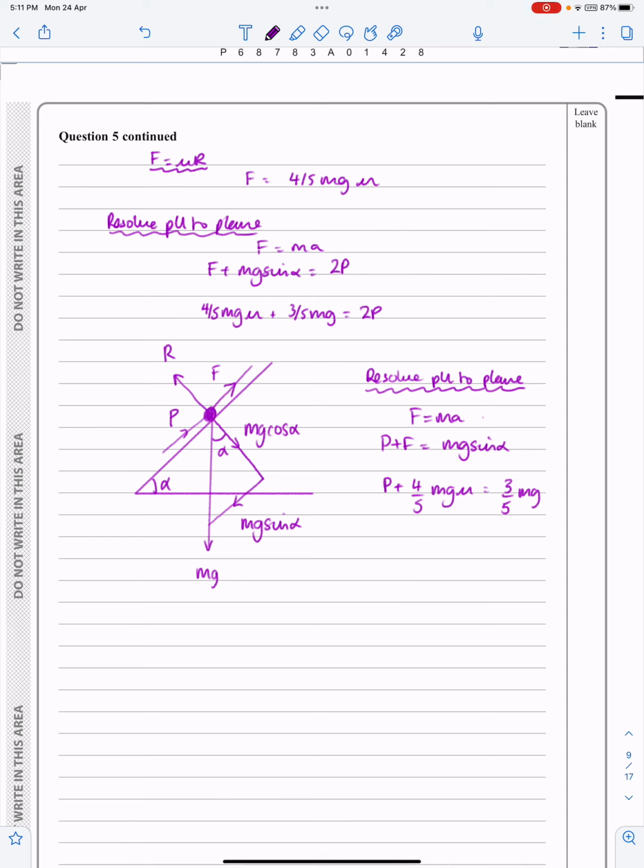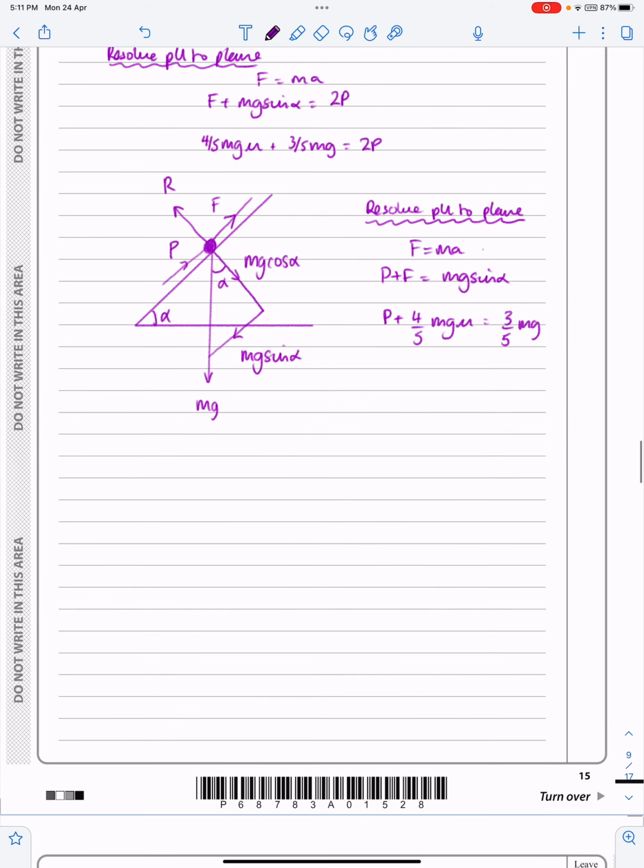Now we've got these two equations that I can use to get mu. So I've got 4/5 mg mu plus 3/5 mg equals 2p, and I've got p plus 4/5 mg mu is equal to 3/5 of mg.